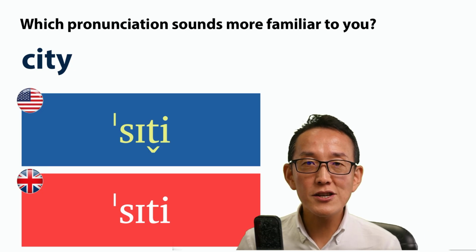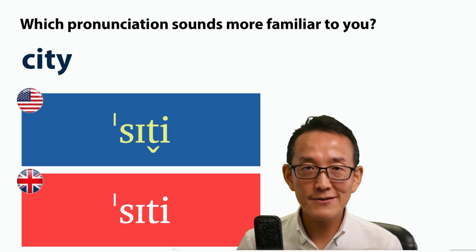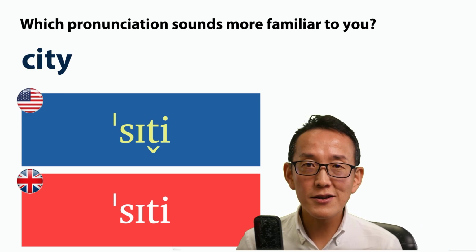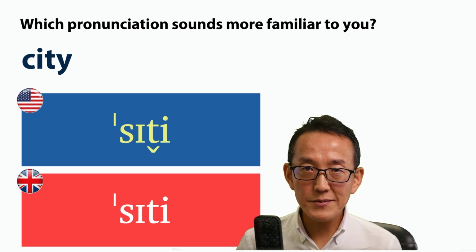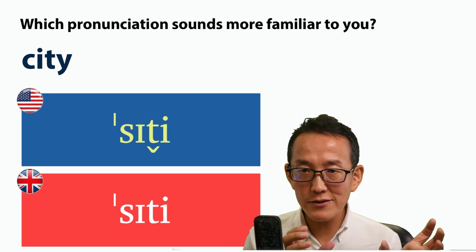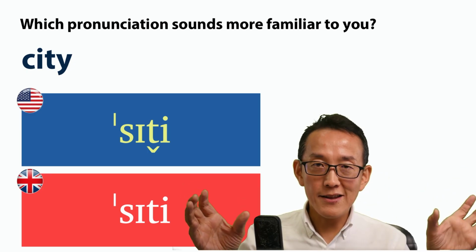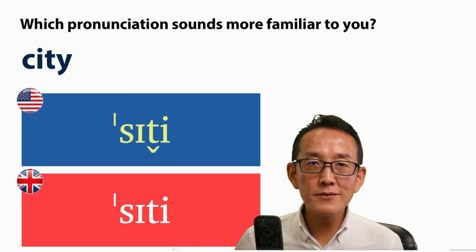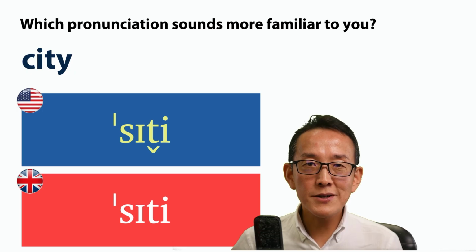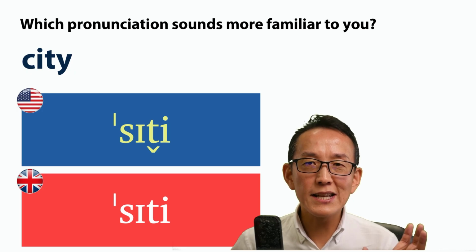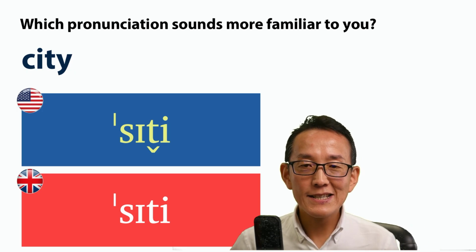So in British English, the T is usually pronounced as t, t, t. Okay, in American English, the T between two vowels. So here's vowel and T and another vowel. Sometimes it sounds a little like a D. So CD instead of CT.